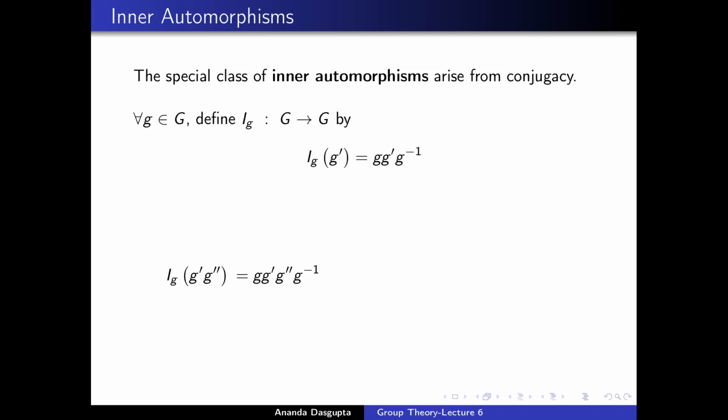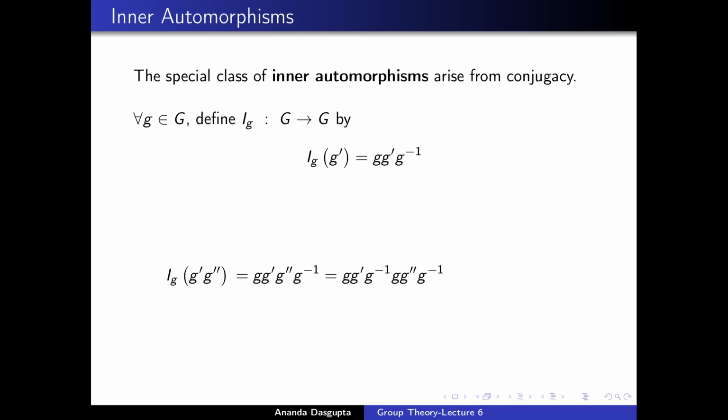And by now it should be obvious to you what we should do. We play exactly the same trick that we did in the case of matrix similarity transformations. We just put a g inverse g equals identity in between g' and g''. So this becomes g g' g inverse g g'' g inverse.